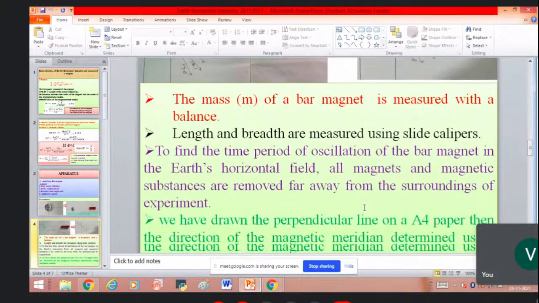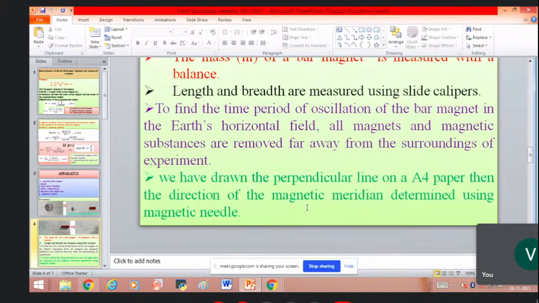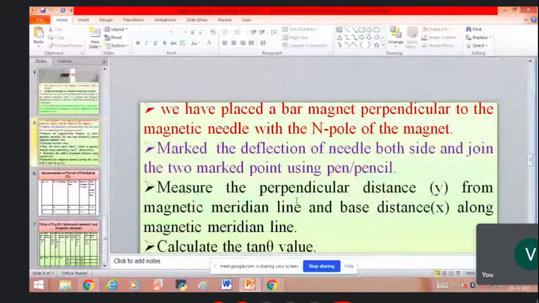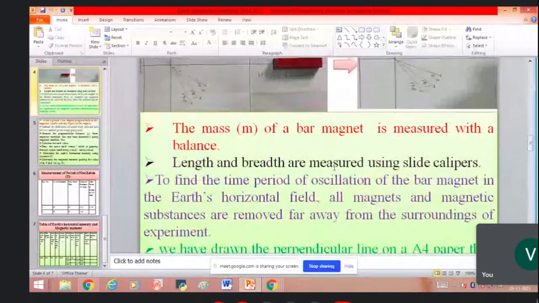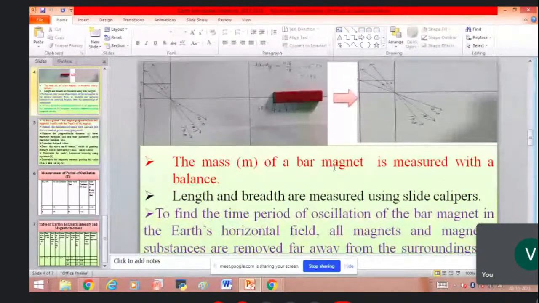Now we have drawn the perpendicular line on an A4 paper. Then the direction of the magnetic meridian is determined using the magnetic needle. And we have placed a bar magnet perpendicular to the magnetic needle with the end pole of the magnet.